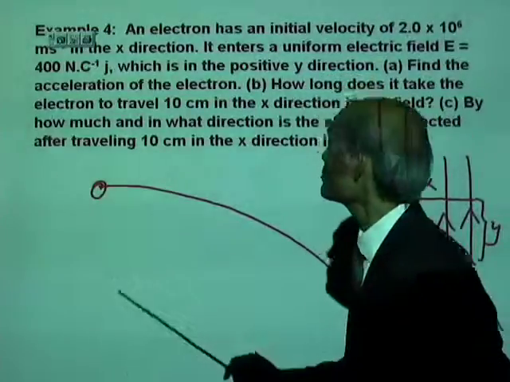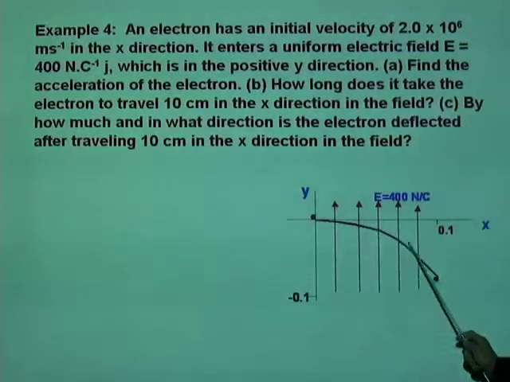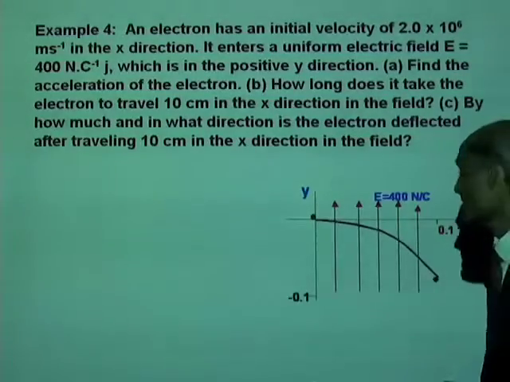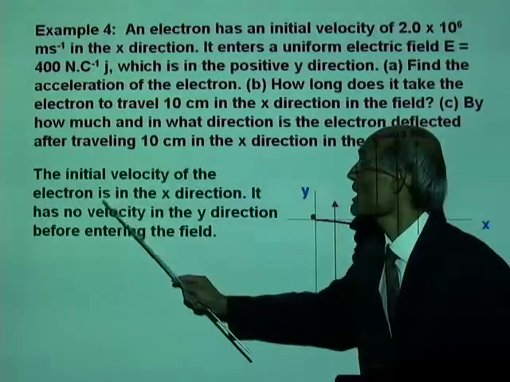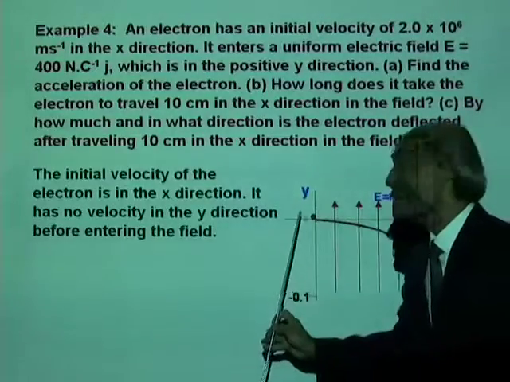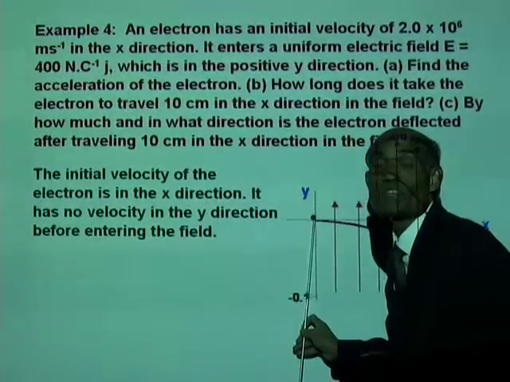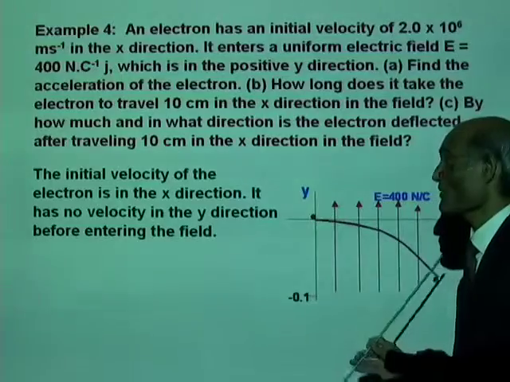Okay, let's put these things down. This is the motion of the electron that we have been talking about. The initial velocity of the electron is in the x direction. Before it enters the electric field, the electron had an x velocity.